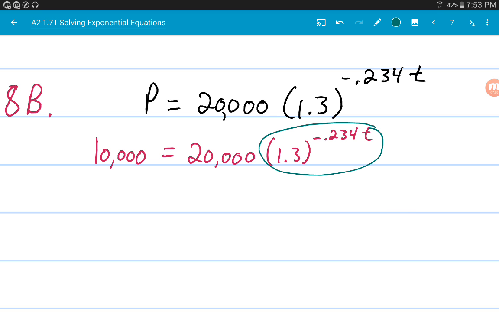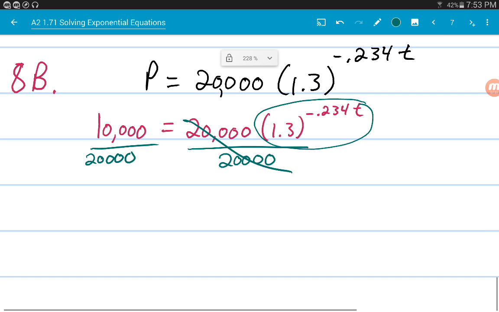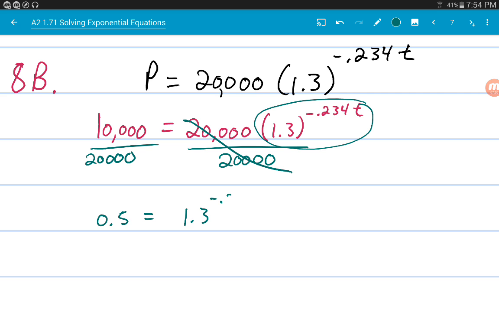It's the only thing that has an exponent on it. So in order to get it by itself, I'm going to have to divide both sides by 20,000. Those cross out. I get 0.5 on the left is equal to 1.3 to the negative 0.234 t power.